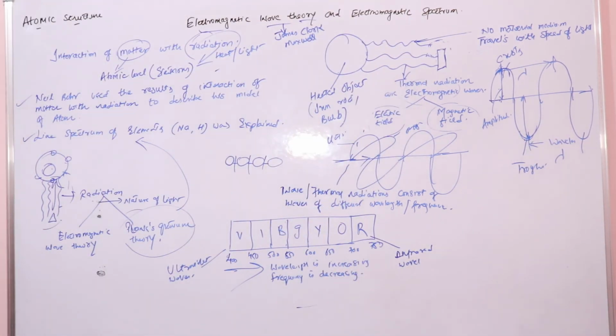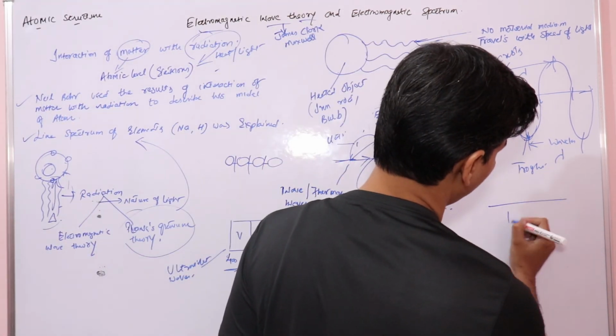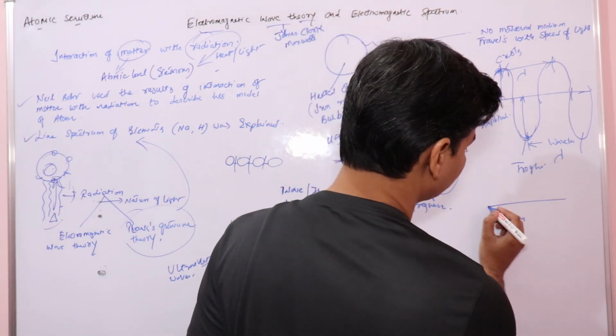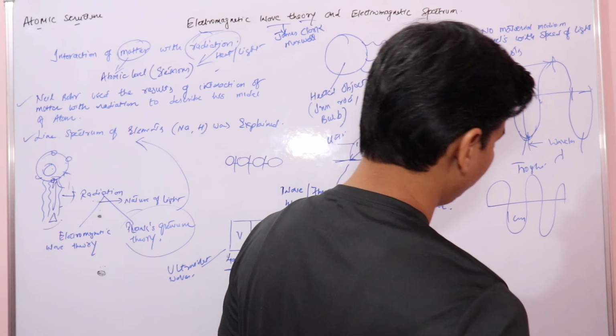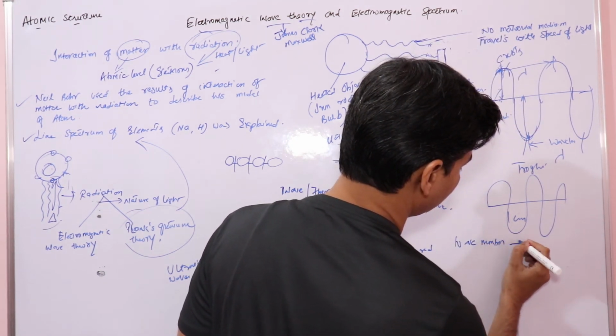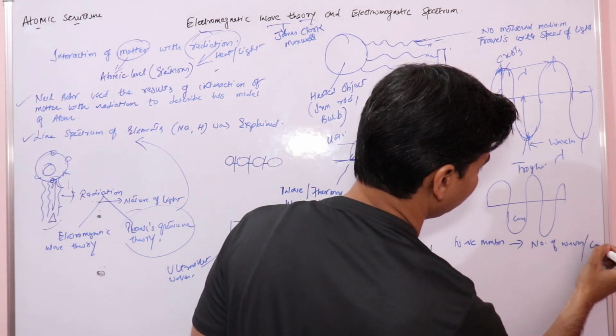Now there is one important term, which is the wave number. You may get some numericals on that. Wave number is defined as the number of waves present in 1 centimeter length. Suppose you have this 1 centimeter length, so the number of such waves defines your wave number, right? Wave number is number of waves per centimeter.